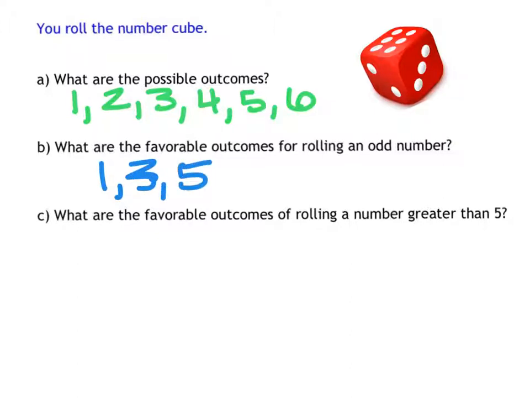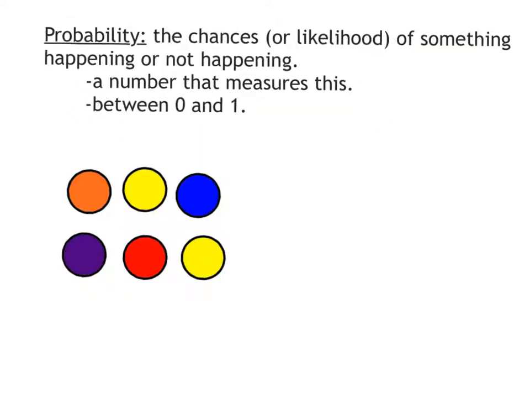Those are the favorable outcomes for rolling an odd number. Then the last question says, what are the favorable outcomes of rolling a number greater than 5? Well, there's only one number greater than 5, so there's one favorable outcome, and that is the number 6.